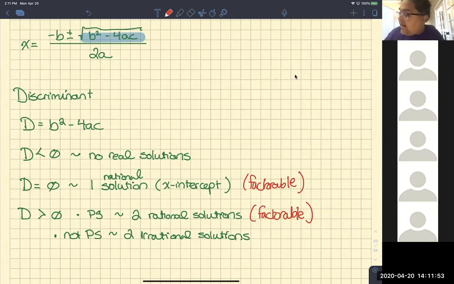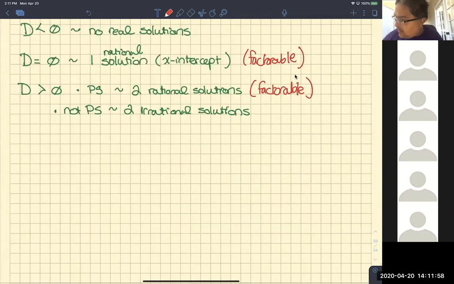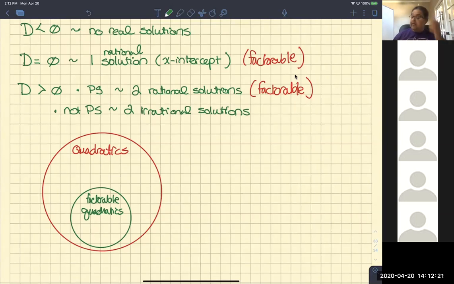So if you look at a Venn diagram of quadratics, if these are the collection of quadratics, the ones that you can factor are these right here. So not all quadratics are factorable, okay? And the factorable ones are the ones with a perfect square discriminant or a 0 discriminant.